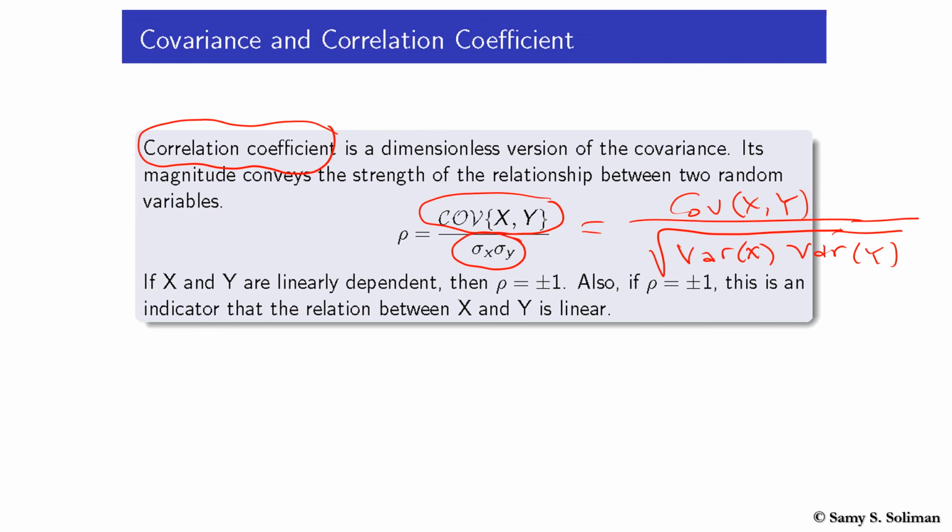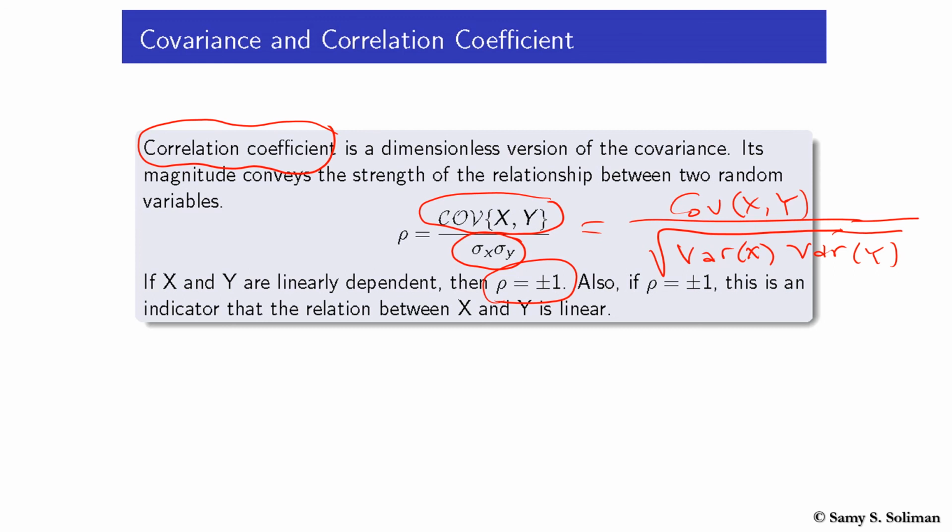If you double check, this quantity is unitless, and consequently the range of the correlation coefficient might have values from -1 up to 1. If we have two linearly dependent, fully dependent random variables x and y, then the correlation coefficient will be either 1 or -1.